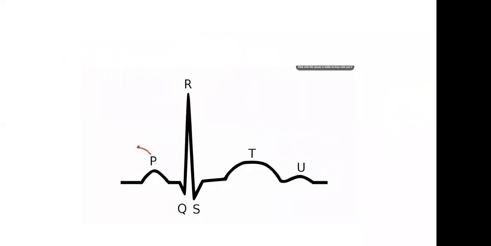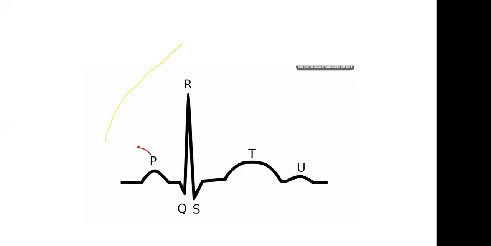It is always in the same way in other complexes as well. For example, the QRS complex, which is the complex or wave of the ventricular contractions, but the ventricles contract at the end of the QRS. First the QRS appears and then the ventricle contracts.